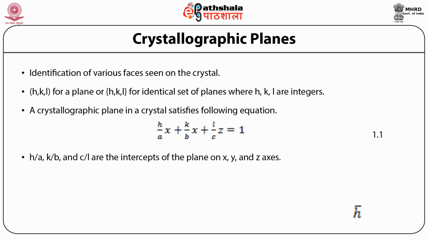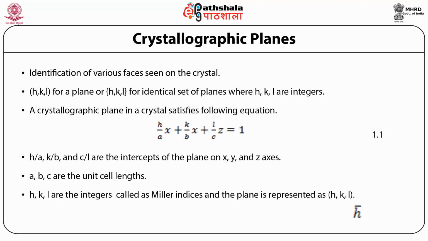So here a by h, b by k and c by l are the intercepts of the plane on the X, Y and Z axes, where a, b, c are the unit cell lengths and HKL are integers, and HKL are called Miller indices, and the plane is represented by HKL in curly brackets.